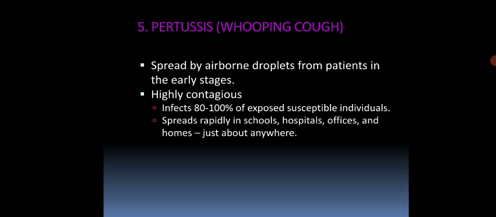The next important disease is pertussis, commonly known as whooping cough. It is spread by airborne droplets from patients in the early stages, and it is highly contagious, infecting 80 to 100% of exposed susceptible individuals. It spreads rapidly in schools as well as hospitals, offices, and homes because of crowded places, and just about anywhere.